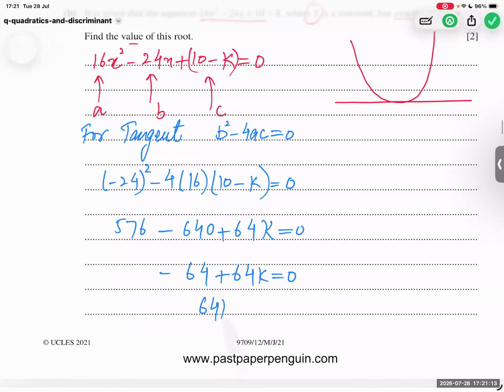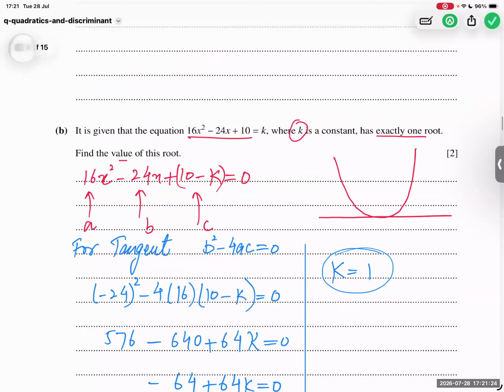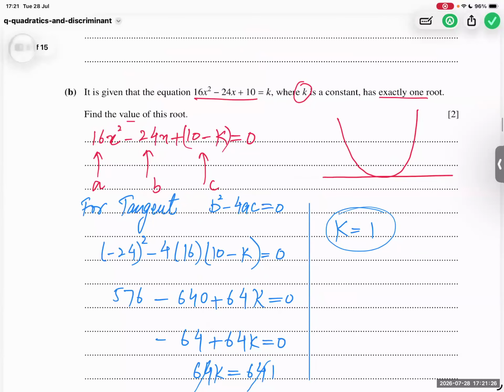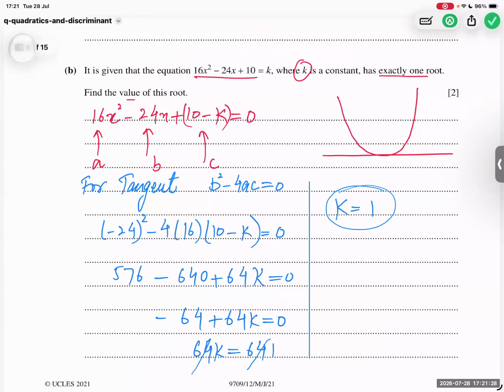Giving us 64k is equal to 64 and giving us k as 1. So this is how we are going to use the discriminant. No, the value of k would be 1.